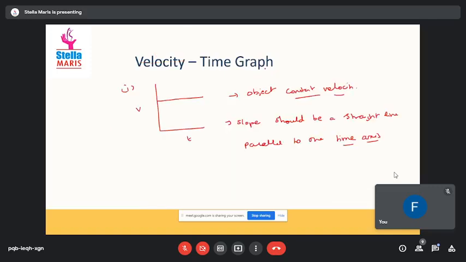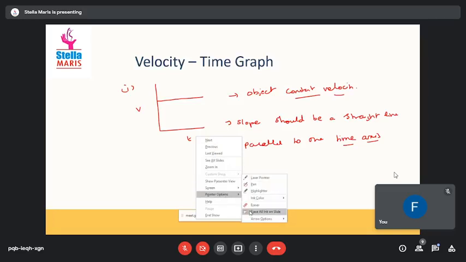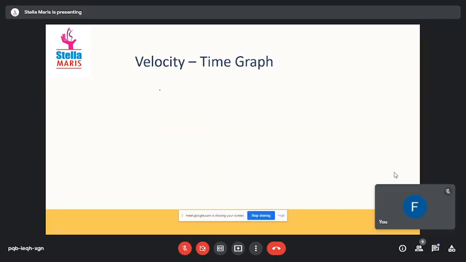I'll write it here. Okay. So here this is velocity and this is time. So Disha says that velocity is increasing in equal intervals of time.